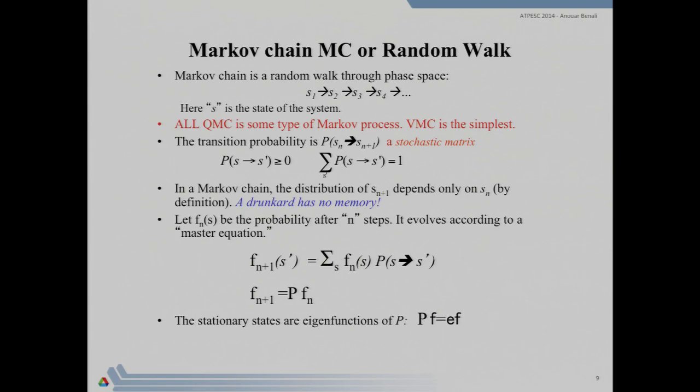So I'm just going to talk quickly about Monte Carlo simulations because it may be helpful to see where the scaling comes from in a Monte Carlo in general. Every type of Monte Carlo simulation is by itself a Markov chain or a random walk. This means that each system is going to undergo a transition from a state 1 to a state 2 to a state 3 to a state 4 over time.